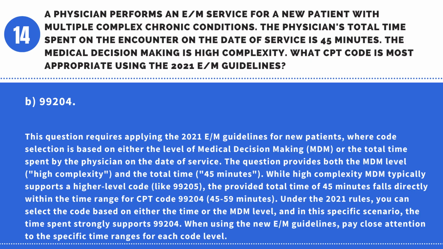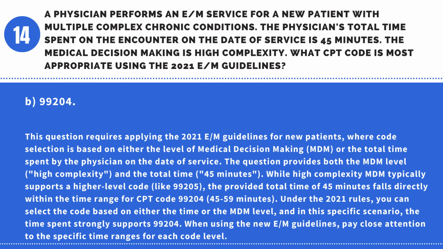This implies that either the time is the intended driver despite the high MDM, or there's a nuance in how time is calculated or applied in this specific question that points to 99204. Let's assume there might be a specific scenario or interpretation where 45 minutes, even with high MDM, is deemed 99204. Or perhaps the MDM, while high, isn't complex enough to push it to 99205 when the time is at the very beginning of the 99204 range.